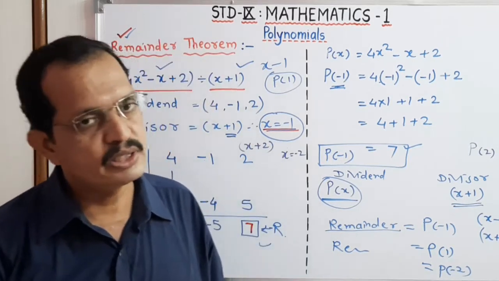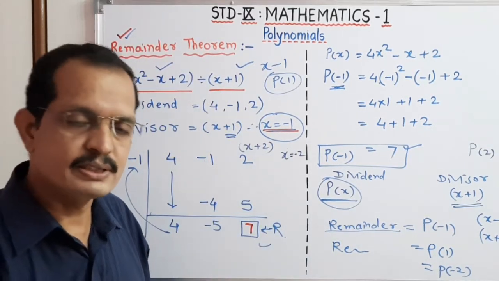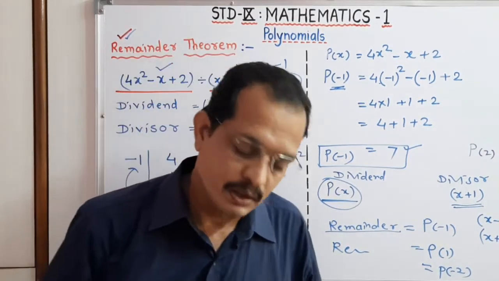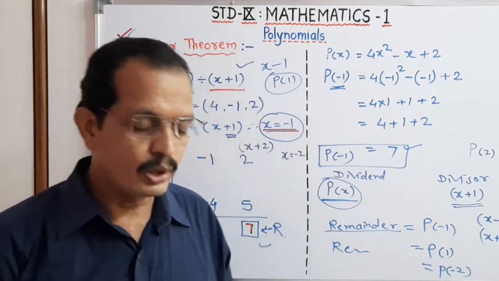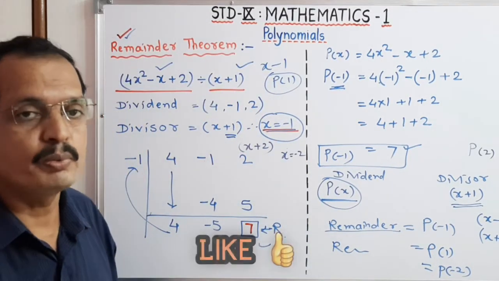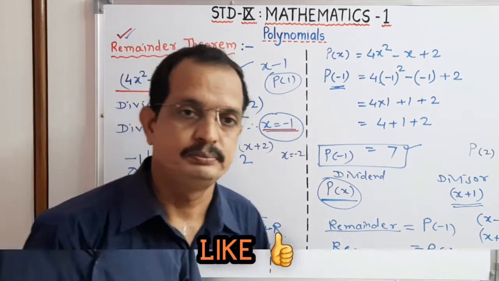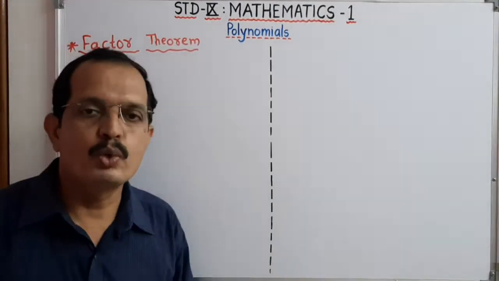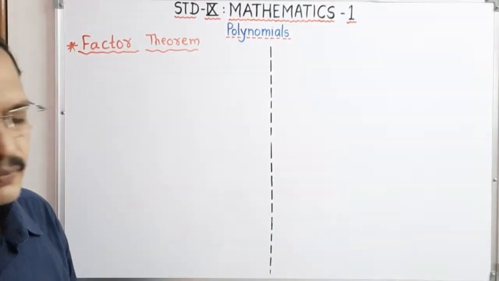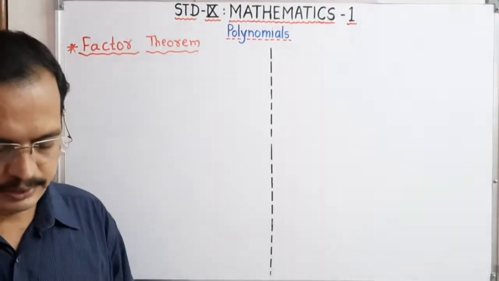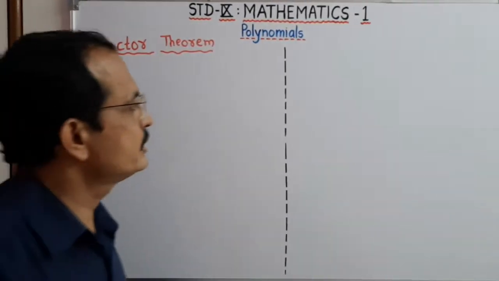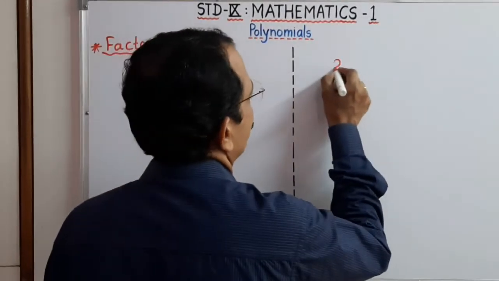We have to use this theorem to solve the sums. A very simple, interesting concept. Now we have to see another topic, that is the factor theorem. Dear student, now we have to learn the factor theorem. Before going to the factor theorem, see here, suppose I write 21.